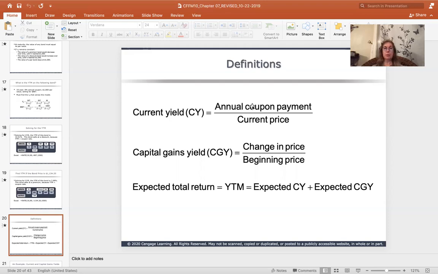It's the annual coupon payment divided by the price. The capital gains yield is the annual change in the price of the bond. Remember on that chart a couple slides ago, I showed you how as you get close, the price changes each year. So the annual percentage change in the price, that's your capital gains yield.